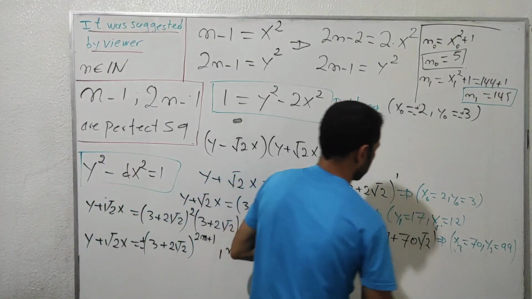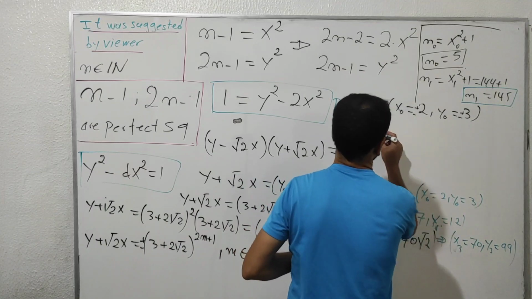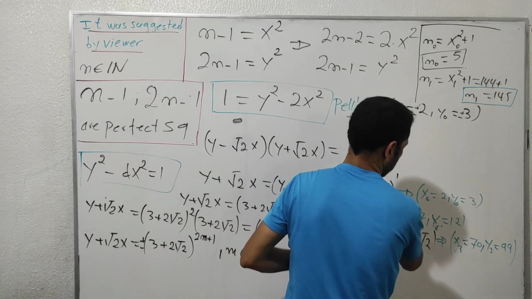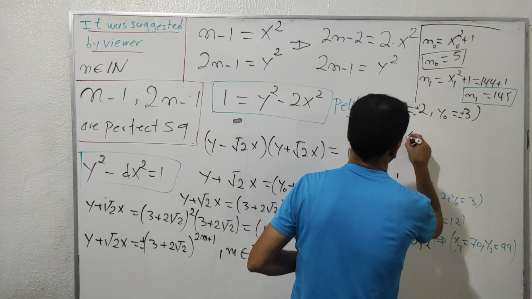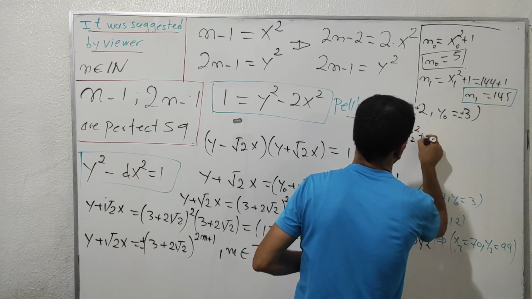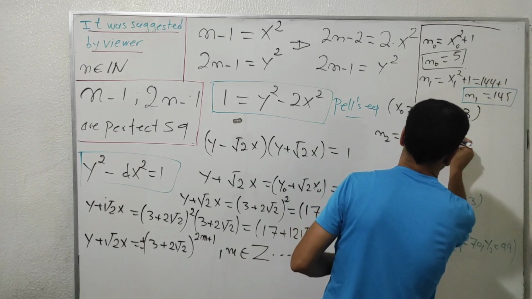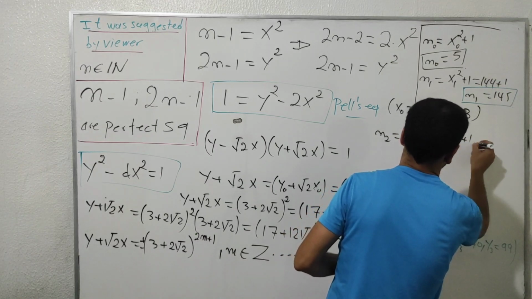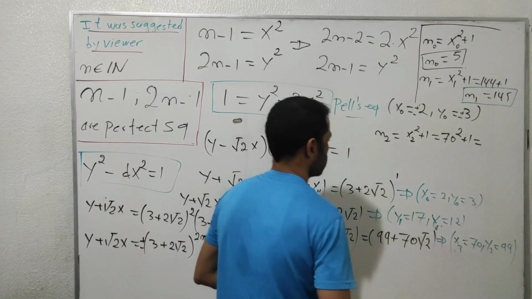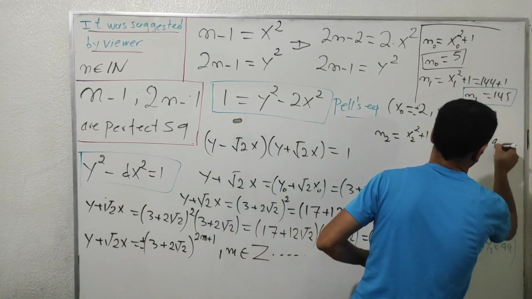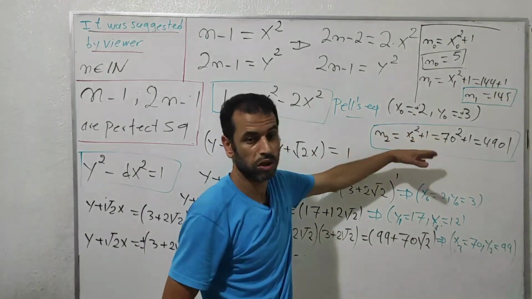Let's take the third solution that we have here. So n2 is x2 squared plus 1, where x2 squared is 70 squared, plus 1, which gives us 4901. This is the third solution that we found.